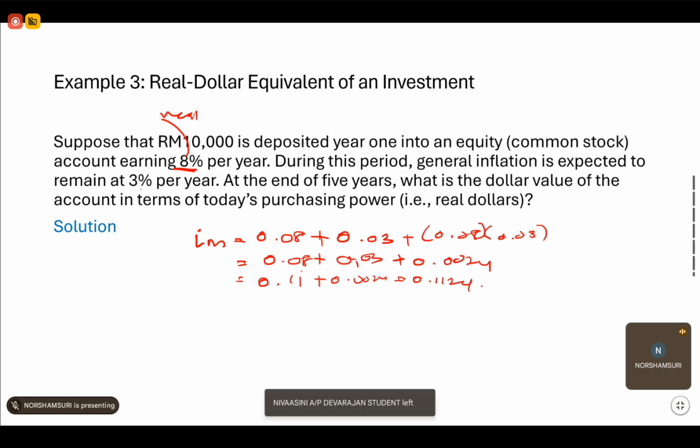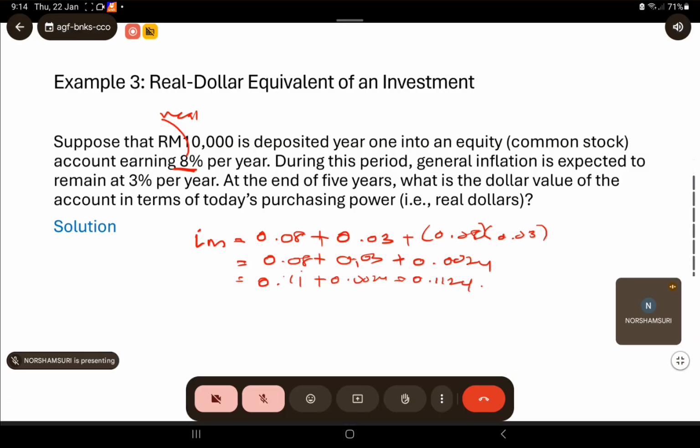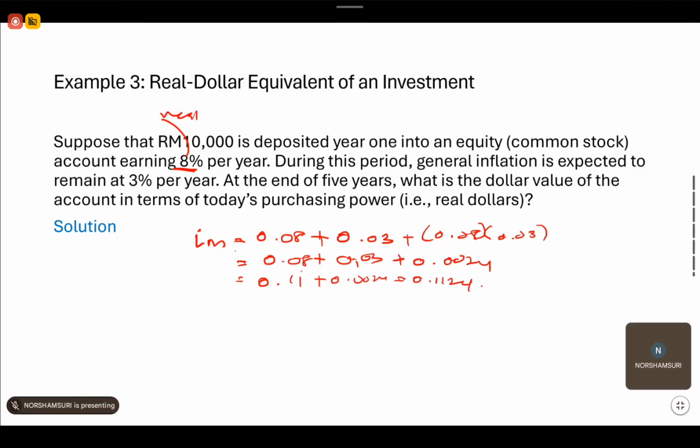This one, if this is not the market one, so the real one, you can get the real dollar. So they are asking for the real dollar here.